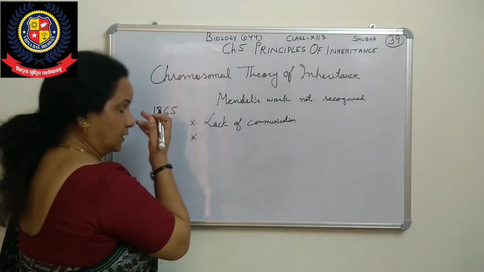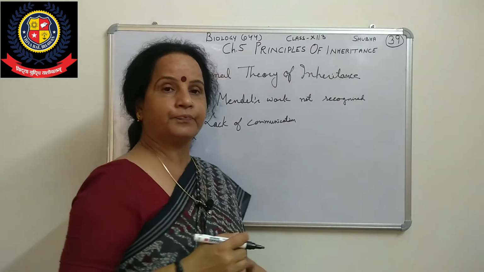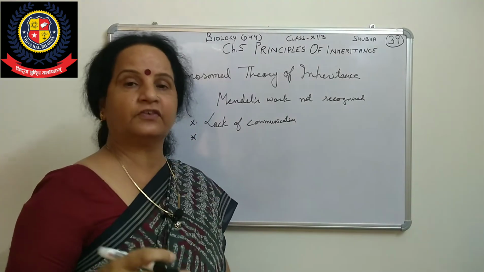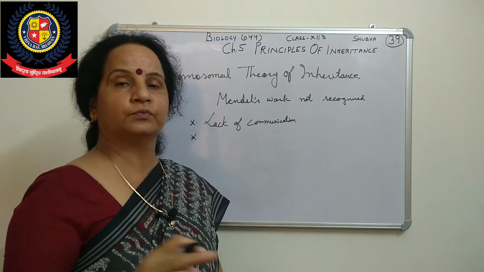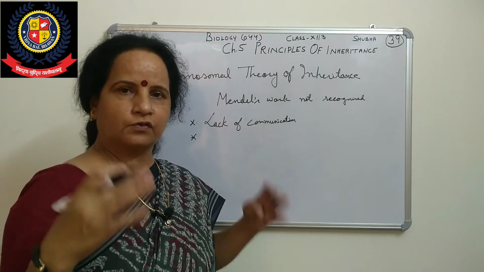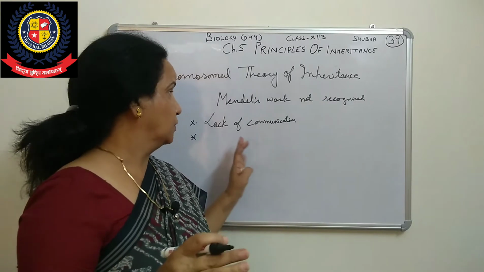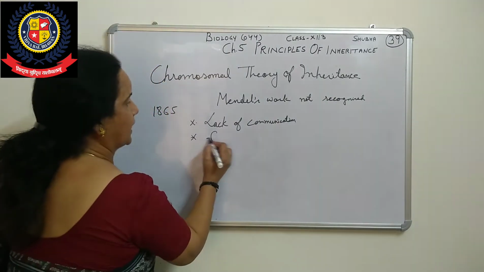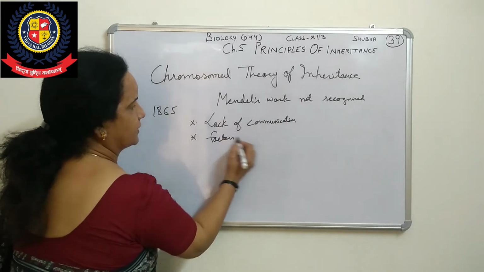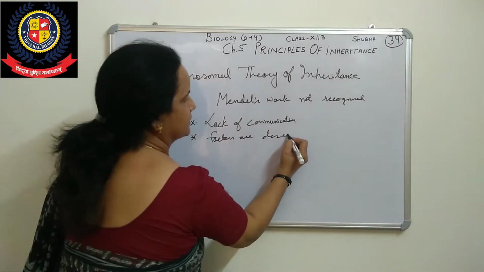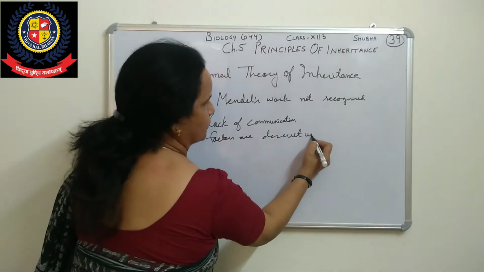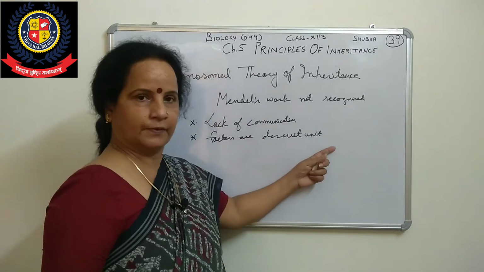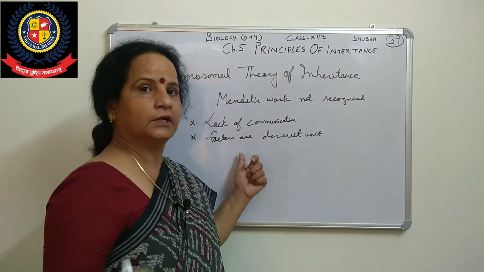The second reason is that he told about factors. Nowadays those factors are known as genes. But at that time there was no invention of the nucleus, chromosome, DNA, or microscope, nothing. So nobody was ready to accept why he said factors are discrete units for inheritance, controlling traits.